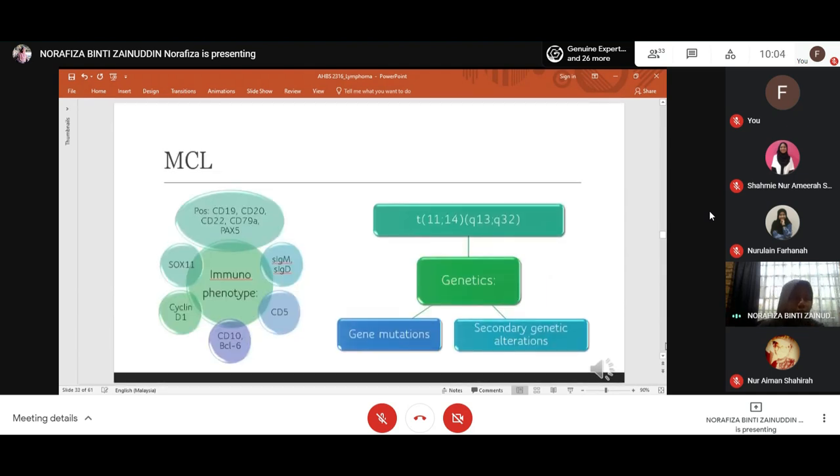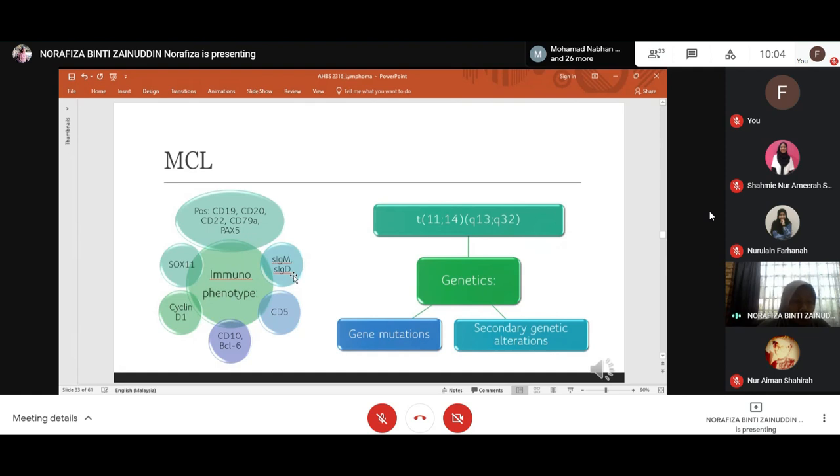Okay, so this is the immunophenotype and also genetics. So MCL expresses a mature B cell phenotype: CD19, 20, 22, PAX5, CD79A, and also the presence of surface immunoglobulins M and also D. Yeah?